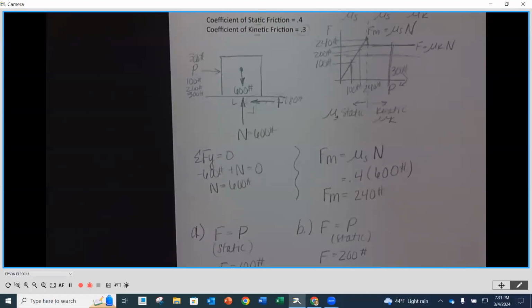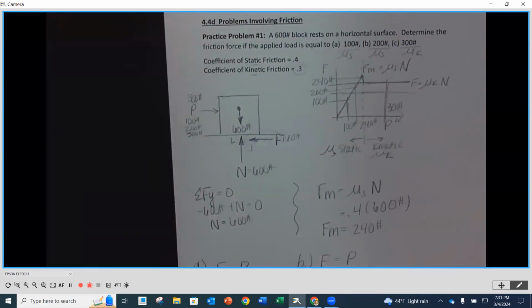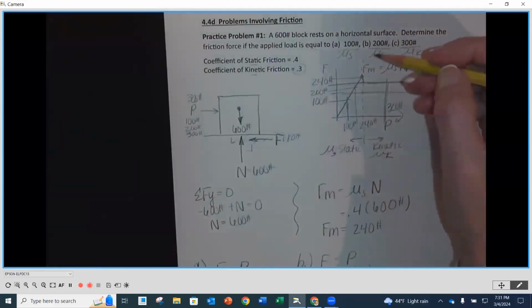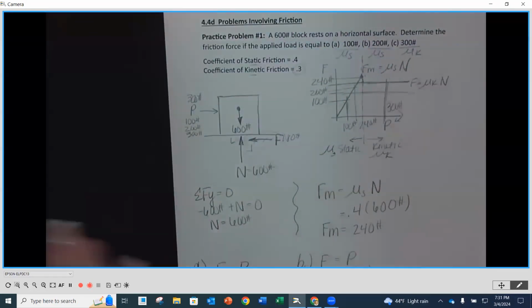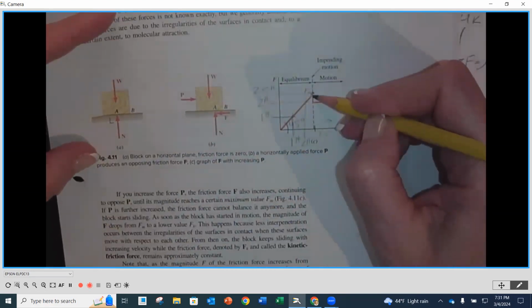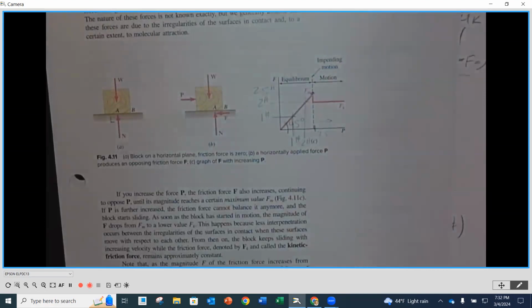I'm having a hard time wrapping my head around the fact that the 300 pounds has less friction than the 200. I know, but it's because of the side. Chris, I'm glad you brought that up. Remember, this is impending motion, my breakaway point.